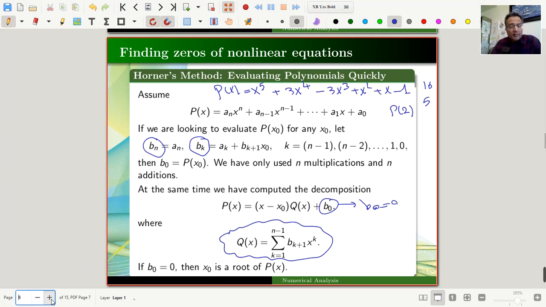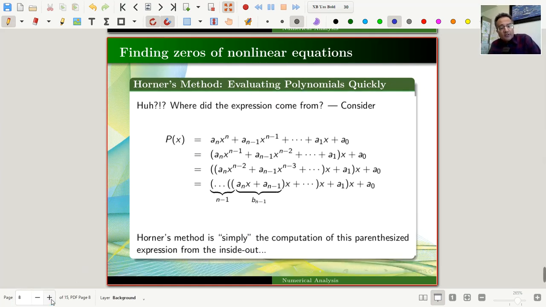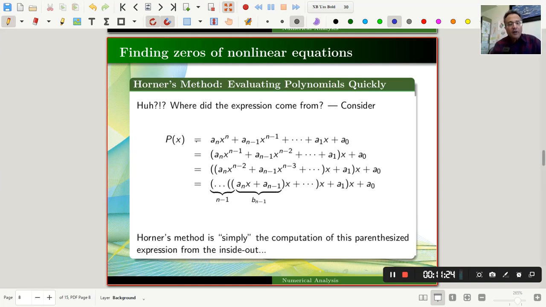But maybe something strange happened here. If you consider p of x as a polynomial of degree n, you keep a0 out and factor x from the first n minus 1 terms. So you will get an x^(n-1) plus an minus 1 x^(n-2) until a1 times x.